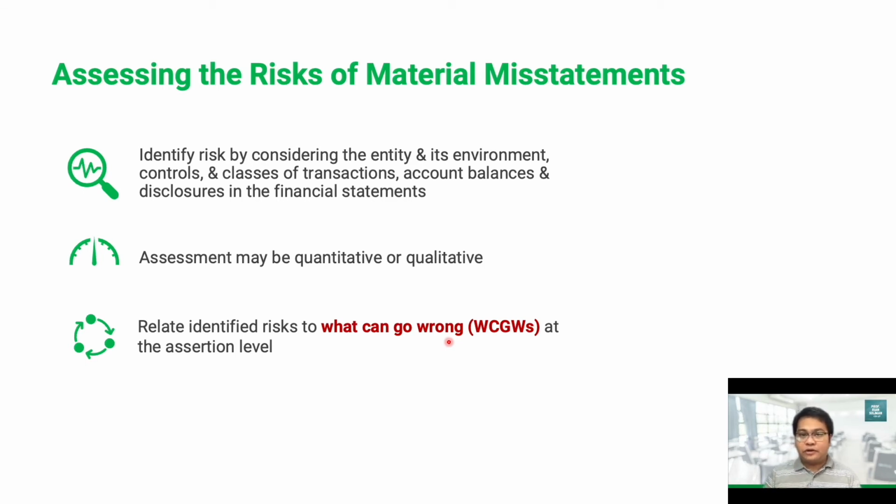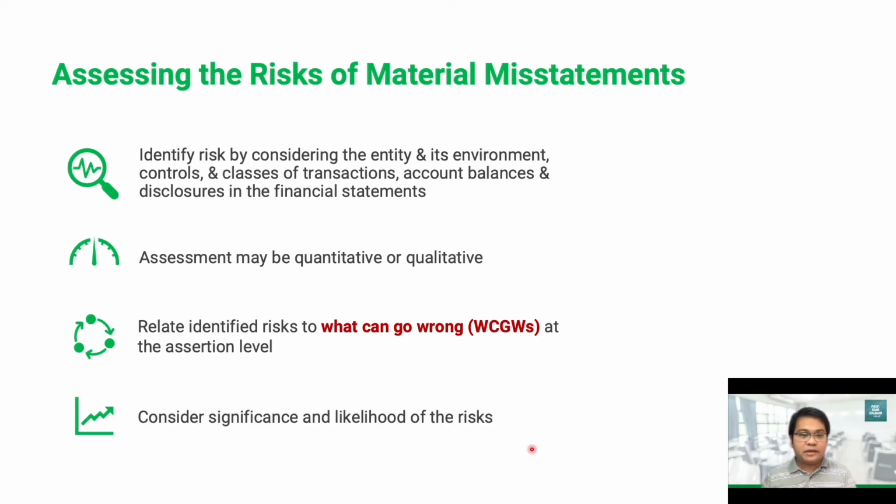So what can go wrong? In that case, their receivable might not be collected in the end. That is the WCGW in connection with that particular risk. So we have to relate the risk to its possible effects on the financial statements of our client. That is what we call WCGW, or what can go wrong.